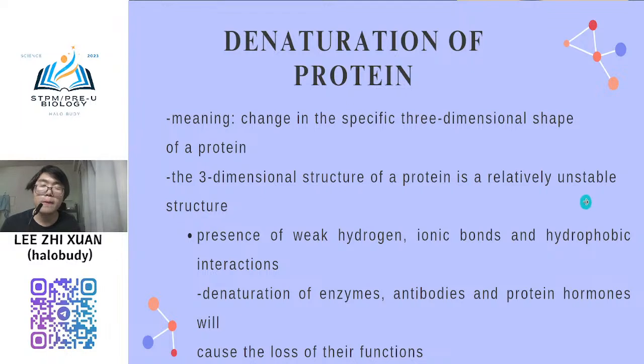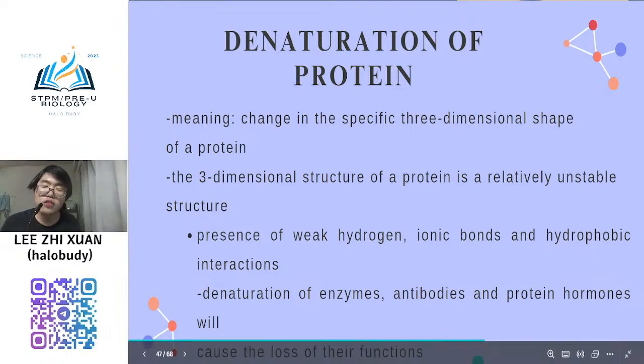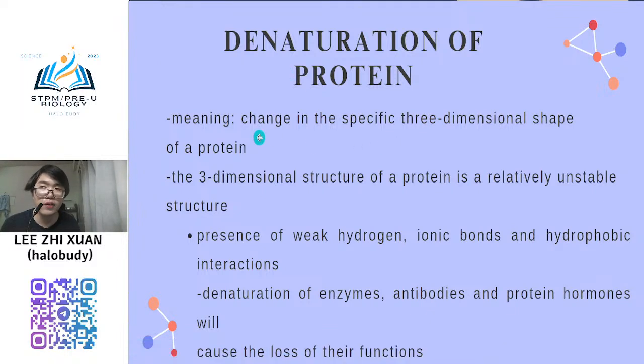Okay, so normally denaturation is a change in the specific 3-dimensional structure, especially in tertiary and quaternary proteins. In our real situation, especially in our body, the majority of our body proteins are tertiary or quaternary. Very few are primary and secondary.